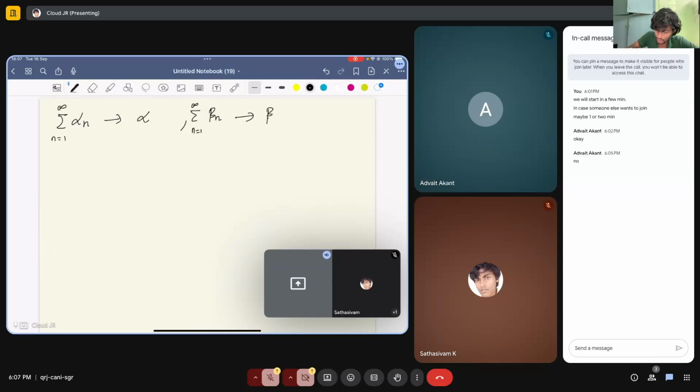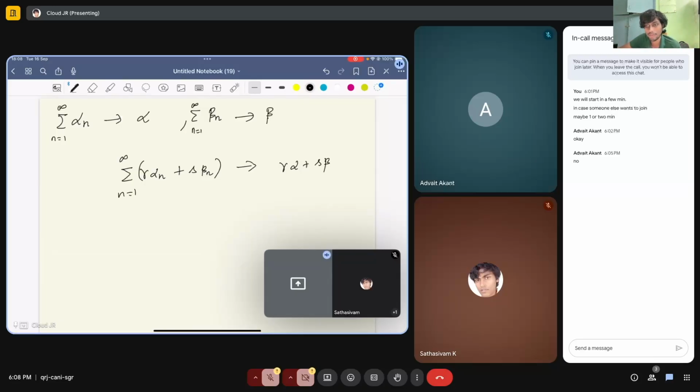Then you still have this kind of algebra of limits. If you take the summation of r alpha n plus s beta n, that will also converge to r alpha plus s beta.